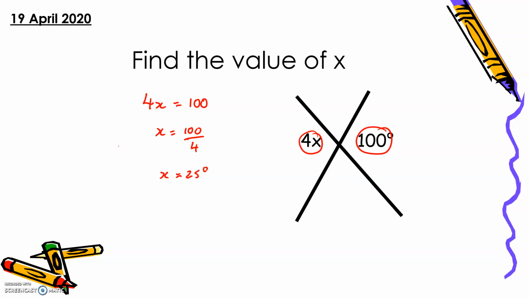Another way to think about it is, if I draw the diagram, it's like this has been divided into 4 x's. Oh, I need one more there. And that's 100. So sometimes you'll see questions written like that as well.